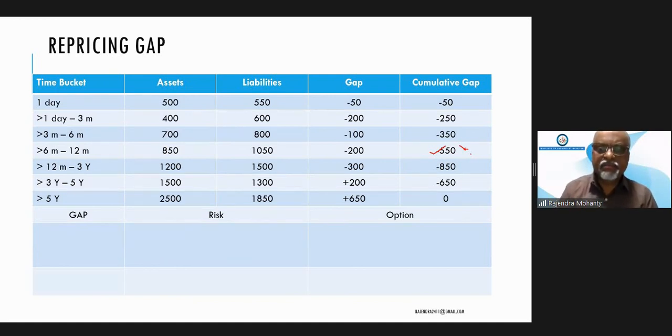Okay. Suppose RSA minus RSL is greater than 0, that means the rate sensitive assets are more than the rate sensitive liabilities.